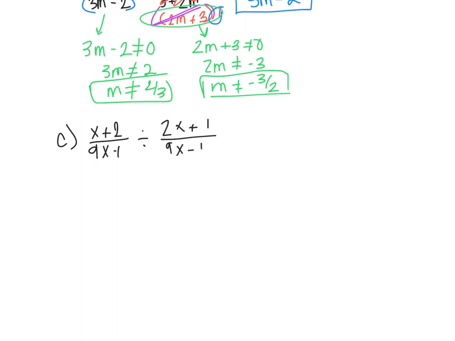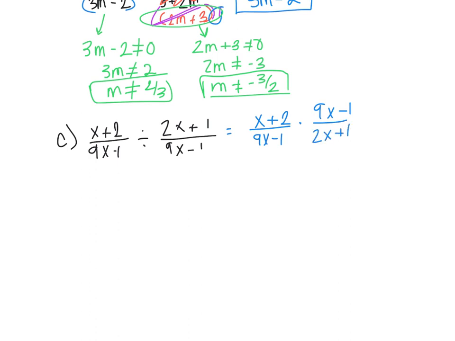Okay, remember up above when I did a simple division problem, the first step is always rewrite it as a multiplication problem. So the first thing we're going to do right away, before I do anything else, is rewrite this as multiplication. So x plus 2 over 9x minus 1 times 9x minus 1 over 2x plus 1.